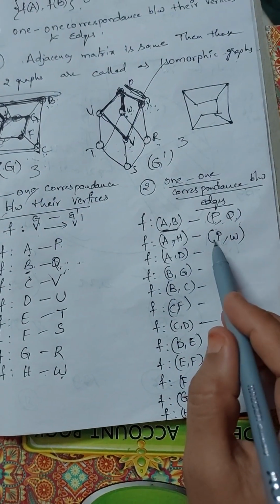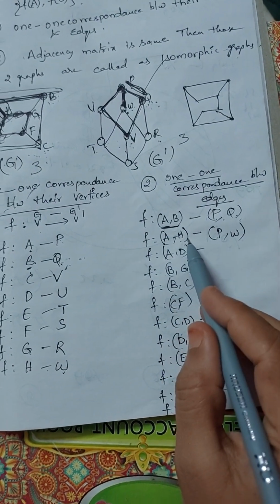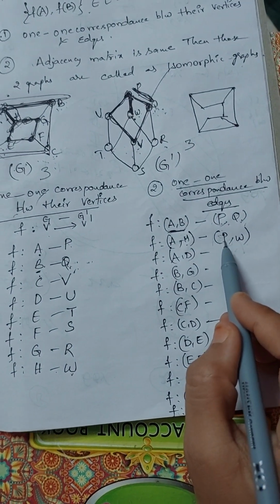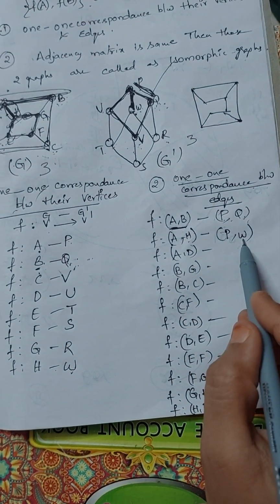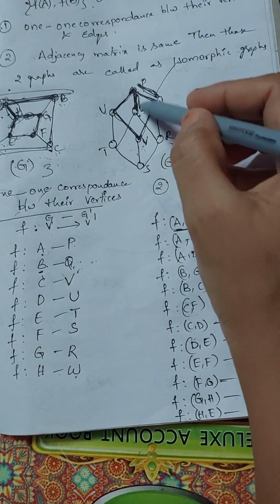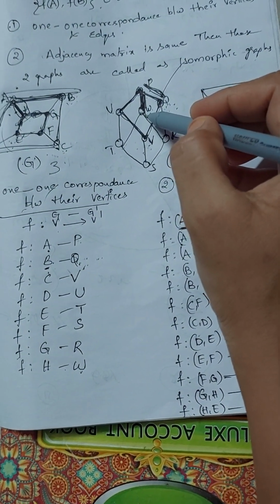And similarly, A and H is an edge in the original graph G. A is mapping with P, H is mapping with W. So the P comma W edge is also present in G dash, right?